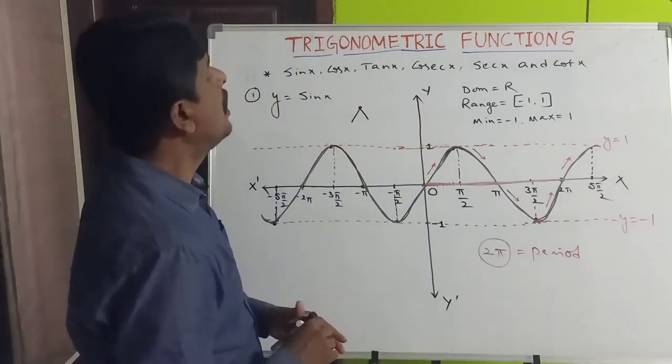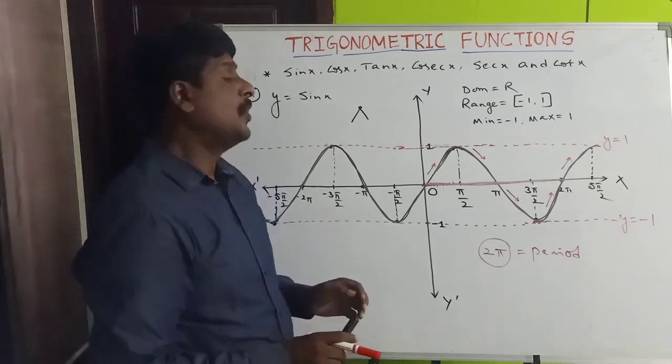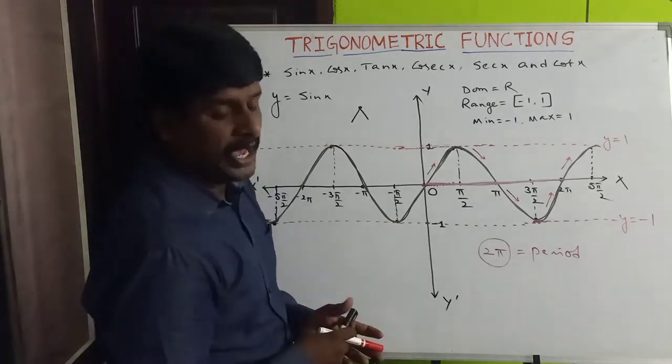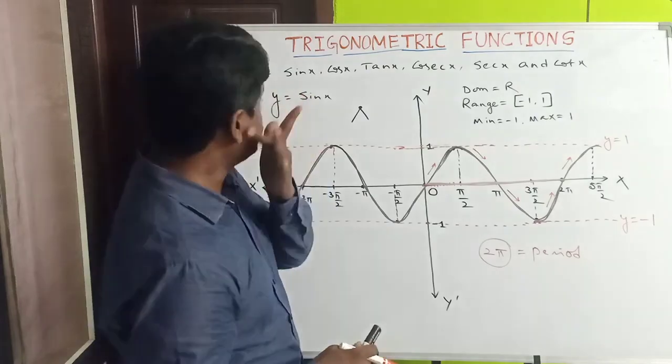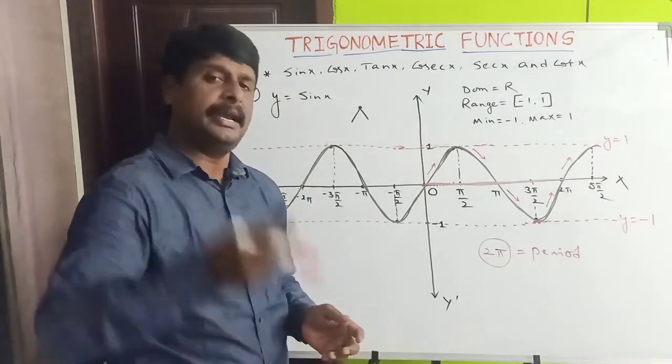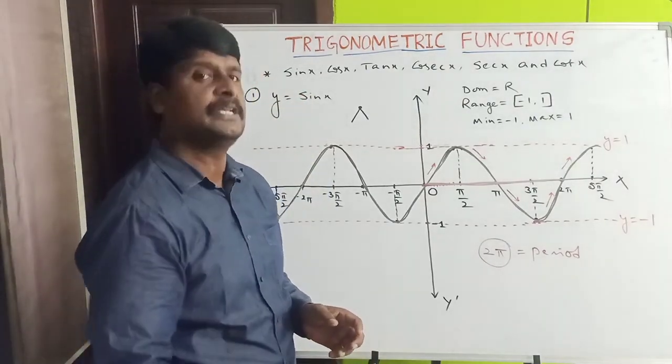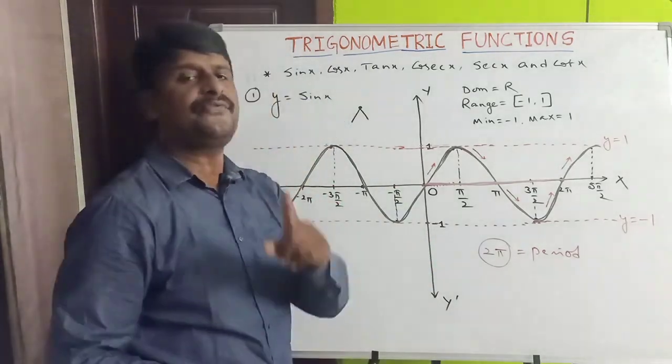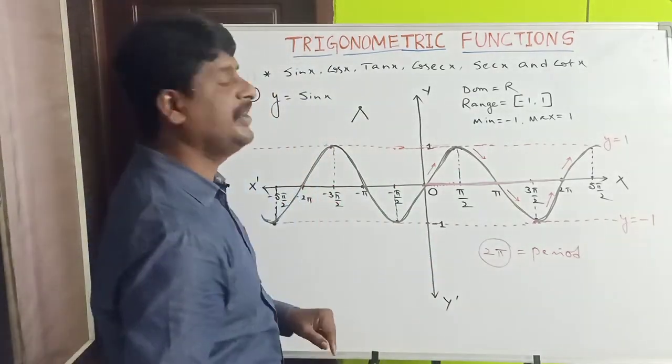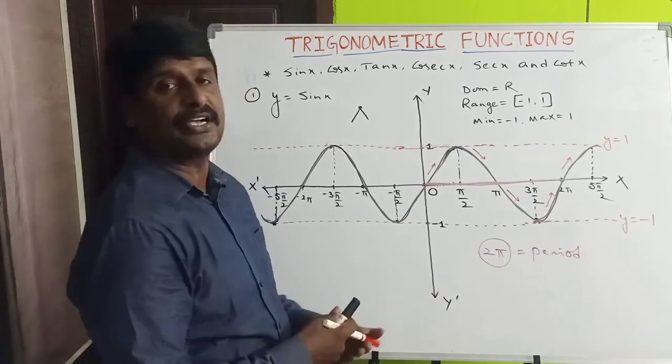And also check whether it is 1-1 or not. If we draw any line parallel to the x-axis and it intersects the graph at only one point, then we can say that it is a 1-1 function.